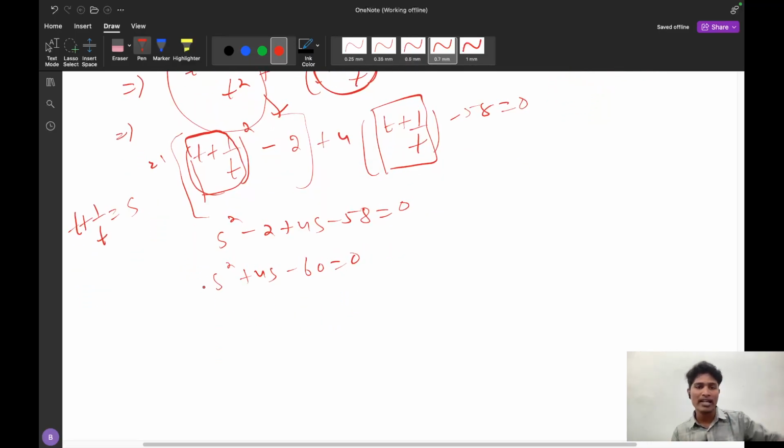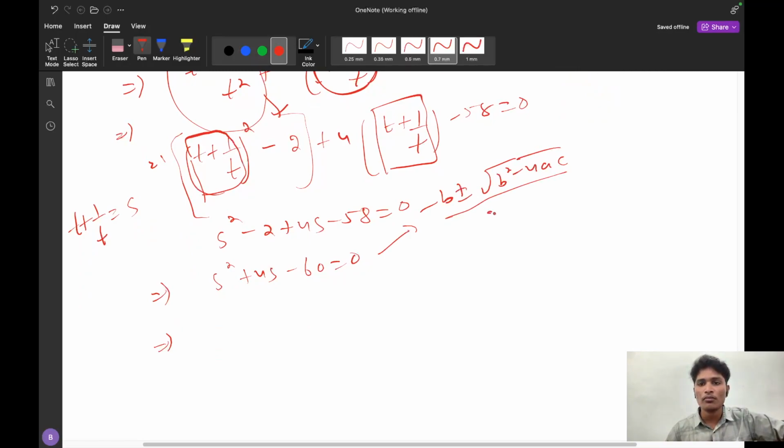Now you have to understand what values it is going to satisfy. s square plus 4s minus 60 is equal to 0. I have to find the value of s. In order to find the values, I can write minus b plus or minus root of b square minus 4ac divided by 2a. But there is a simple thing.